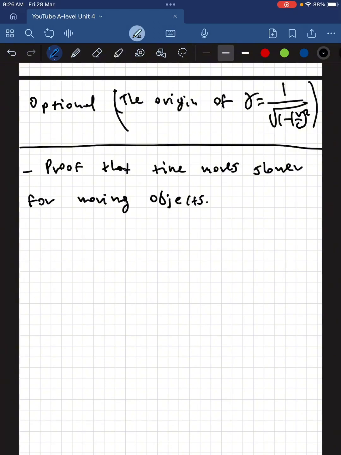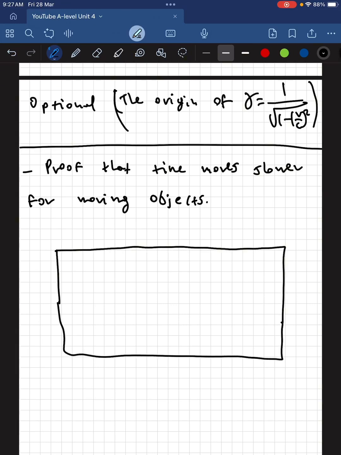Let's assume that we have a moving train. Okay, so this is the train. This is the cart of the train, say. The train is moving with velocity v, and there is a passenger in there, boy or girl, doesn't matter. So passenger, and he has a stopwatch, and a laser pulse and a mirror.